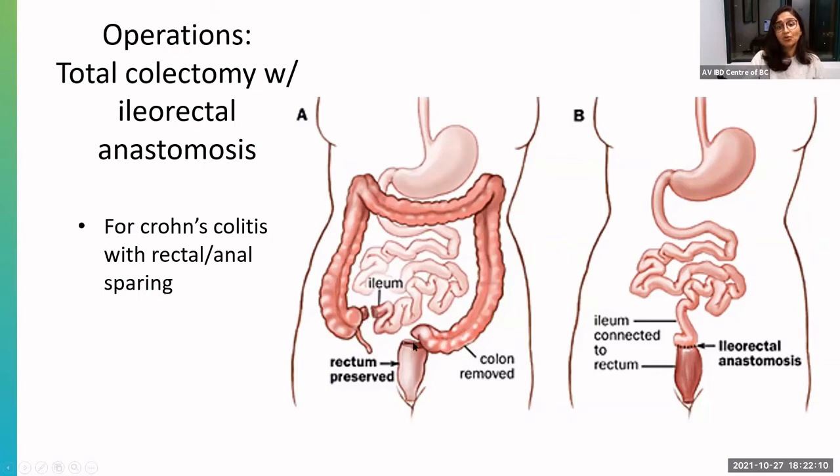And so these patients no longer have the colon. When we do an ileorectal anastomosis, these patients usually have at least 5, if not up to 8 or 10 bowel movements a day, because they have very liquidy stool and the rectum can only hold so much stool before they have to empty it.